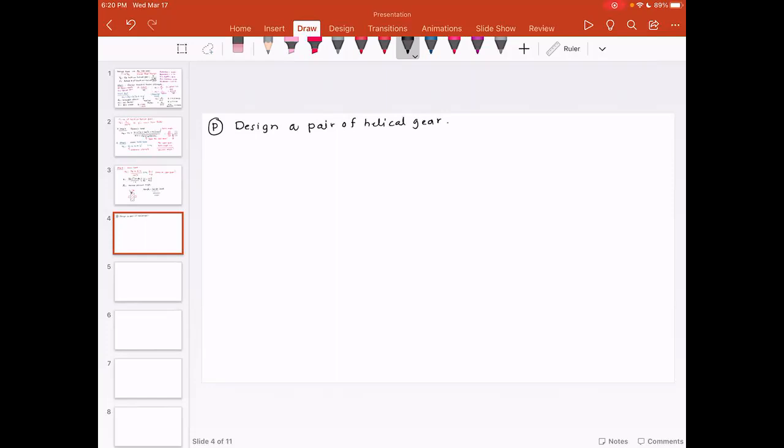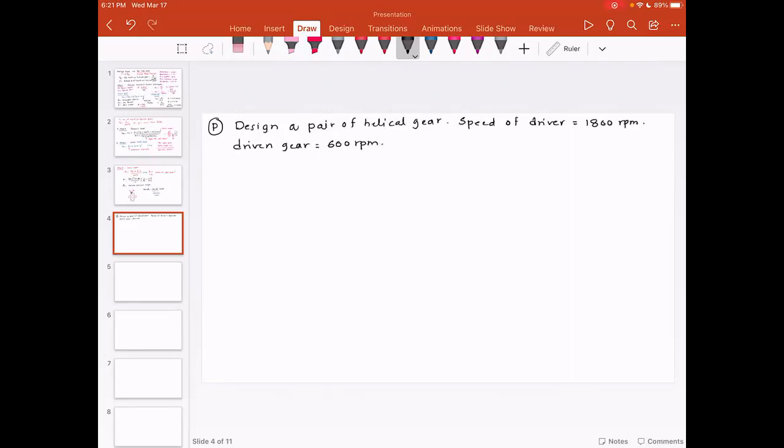The speed of the driver gear is 1800 RPM, and the driven gear is 600 RPM.